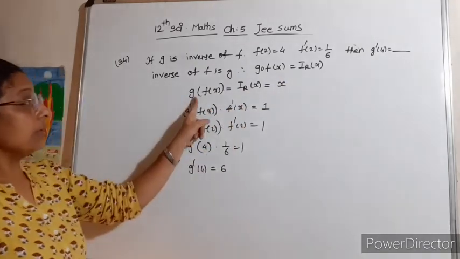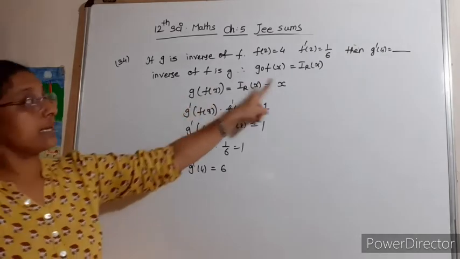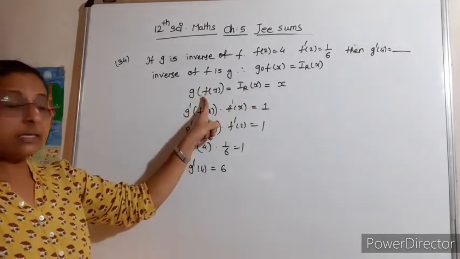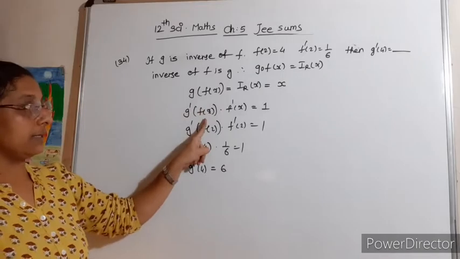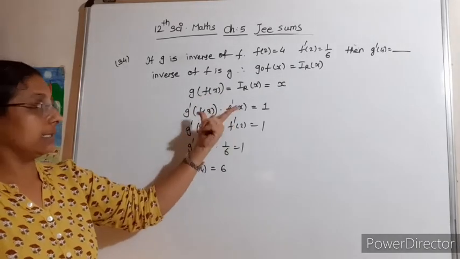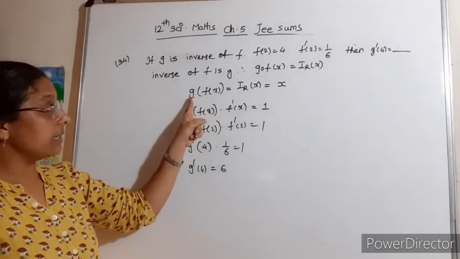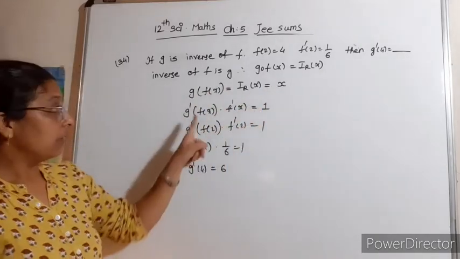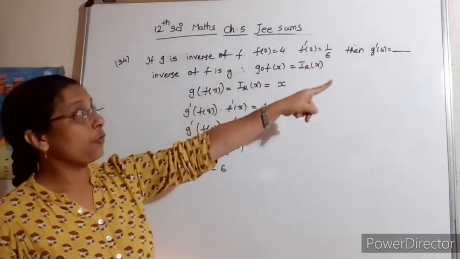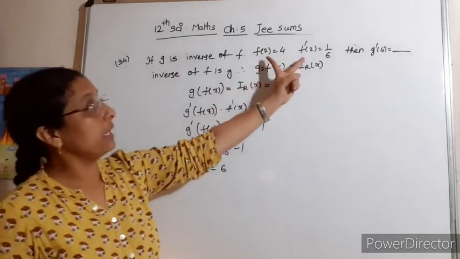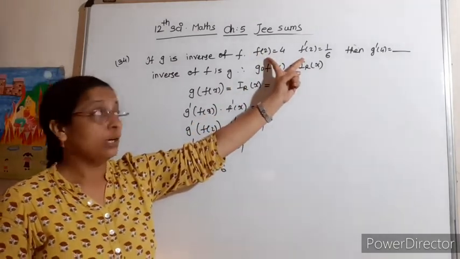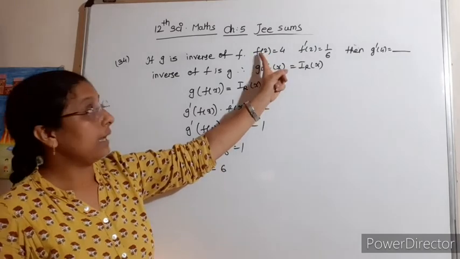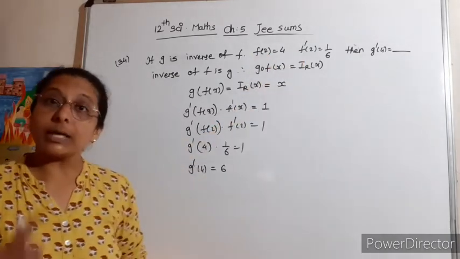Yes. Now we'll find the derivative on both the sides. So what is it? g dash of fx into f dash x. This is the chain rule. पहले g की डेरिवेटिव फिर f की. And derivative of x is 1. We want g dash 4. तो पहले हमें जो वैल्यू दी है वो हम लिखेंगे. f of 2 and f dash 2 की वैल्यू given है.